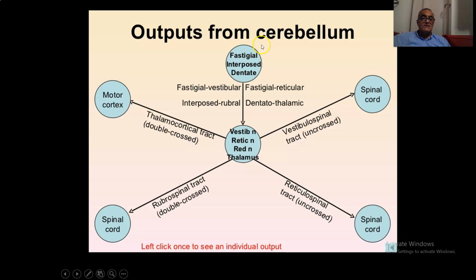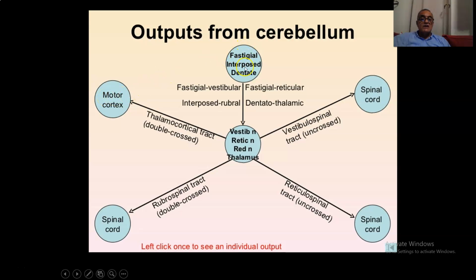Outputs from the cerebellum, as we said: there is one main output from the cerebellum and some less important outputs. The most important output, if you remember other lectures concerning the thalamus or the extrapyramidal system, we said: dentato, from the dentate nucleus, rubro, red nucleus, thalamo, which is the anterior ventral nucleus of the thalamus, cortical pathway, which is the pyramidal and extrapyramidal part of the motor cortex.